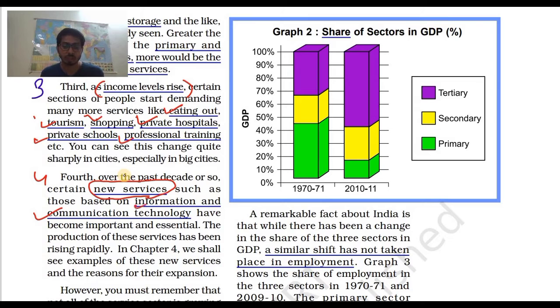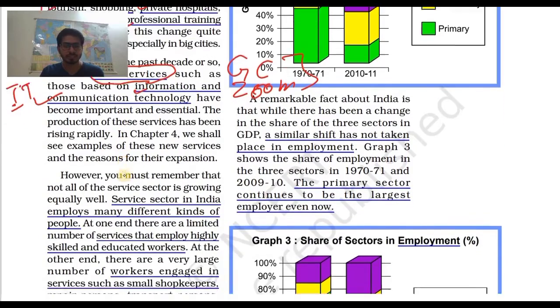This is possible because of the information and communication technology. You can say IT sector. Your IT sector is booming nowadays. And like you are using nowadays Google Classroom or Zoom for your classes. These things are possible because of the improvement in the IT sector. Okay, so now let's see the next thing.